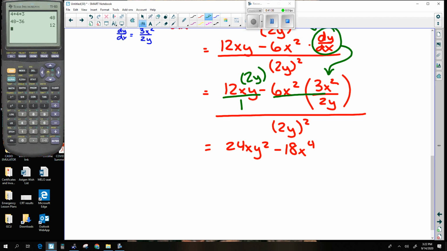And then this 2y squared is going to multiply up into the denominator. So this will be over a grand 2y to the third.